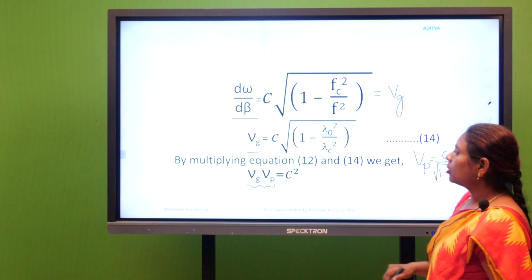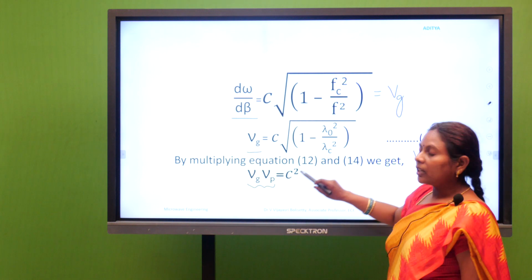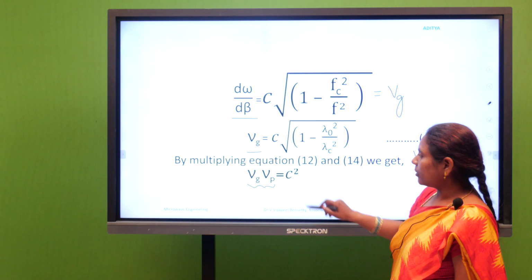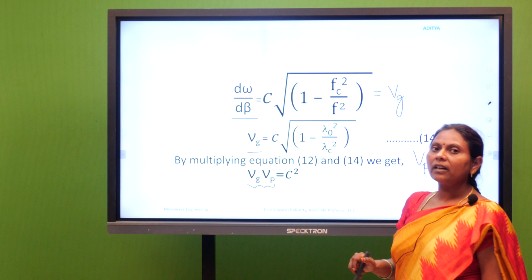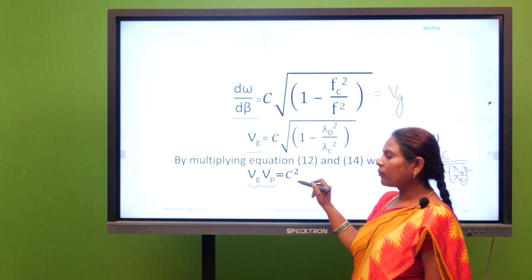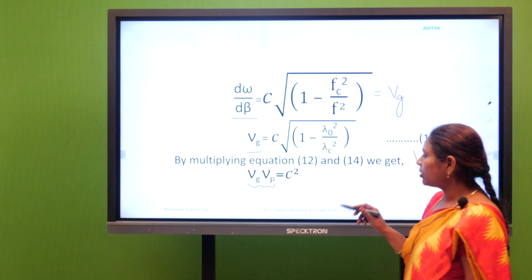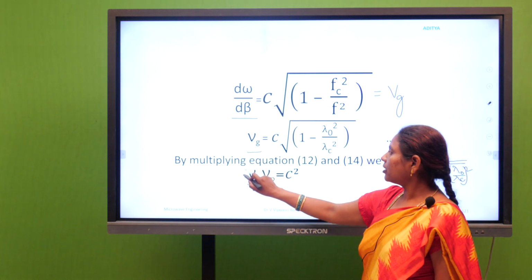So the product of the phase velocity and group velocity always results in a constant, because c is the velocity of light, and that is equal to the velocity of light whole square. This is also one of the important relations.